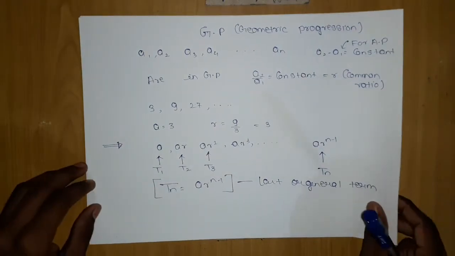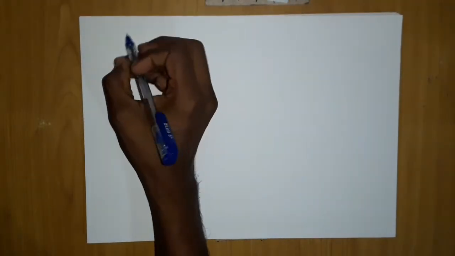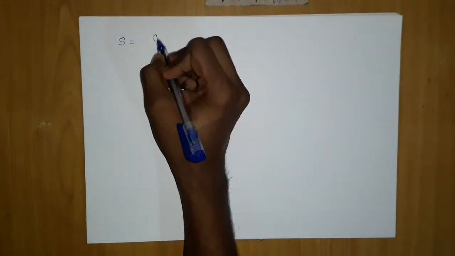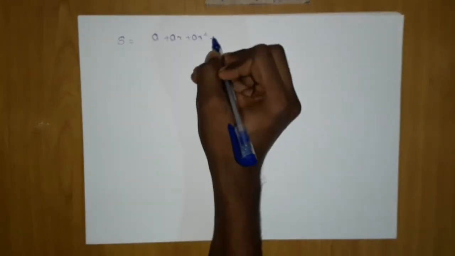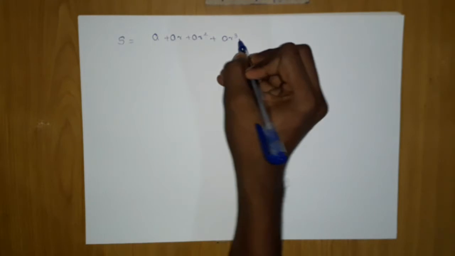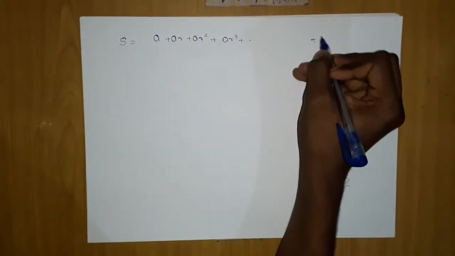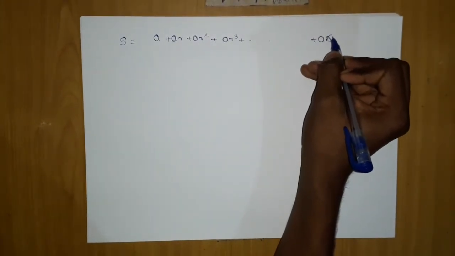Now let me derive the summation. What is summation? It is denoted by S, like we used to denote in AP. Say S is A plus AR plus AR square plus AR cube till the last term, which is AR to the power n minus 1.